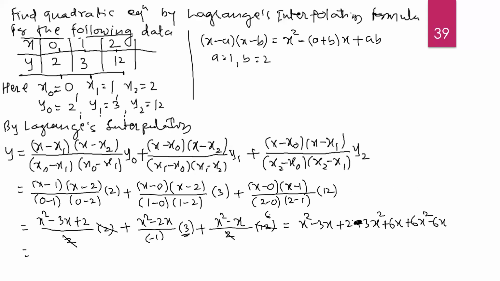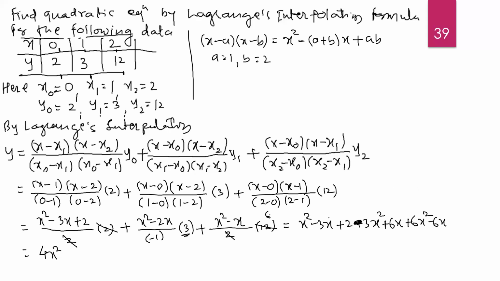We get here minus 3 and plus 6, plus 3 and 1. So we get 4x square.